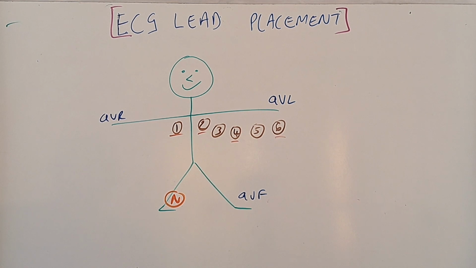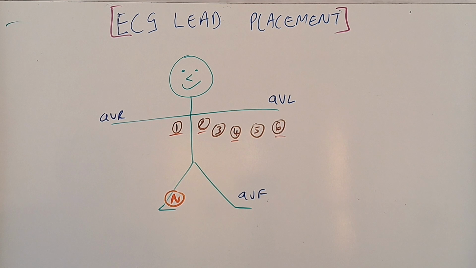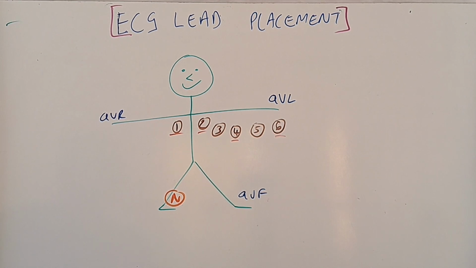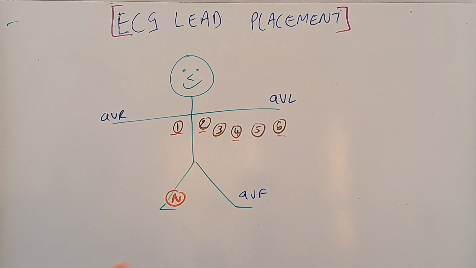So we want to know where it is starting, and you're going to see that by the tracing that you're going to get. So the ECG takes all that information, the electrical impulses, and creates a wave-like pattern. That's the ECG wave.